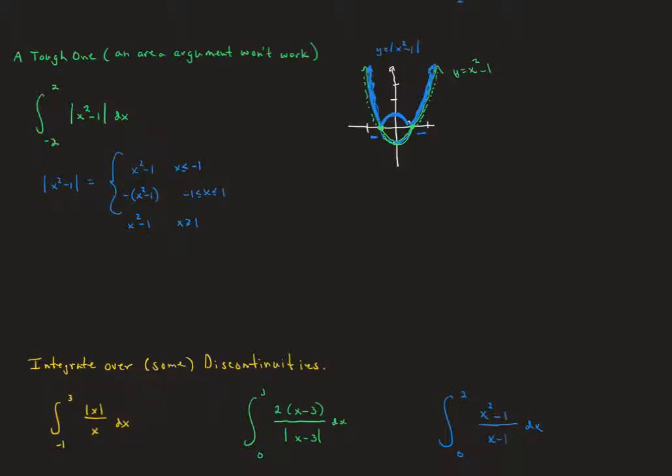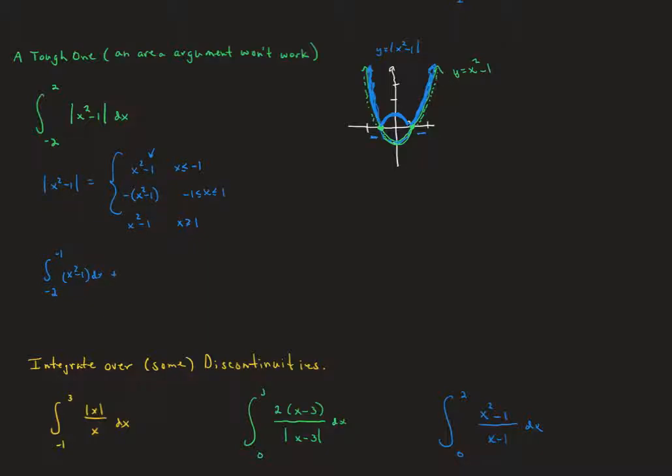So our integral gets much more complicated. Since we're going from -2 to 2, on that interval from -2 to -1, we're looking at this part of the graph here, which is going to be just x squared minus 1 dx.